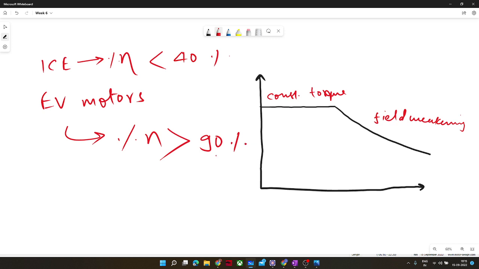Even induction motors give around 90%, and some advanced rare earth permanent magnet motors, PMSM, can give more than 95%.